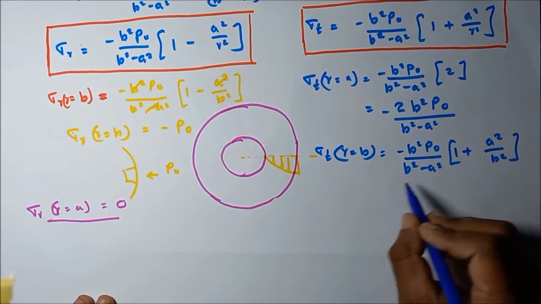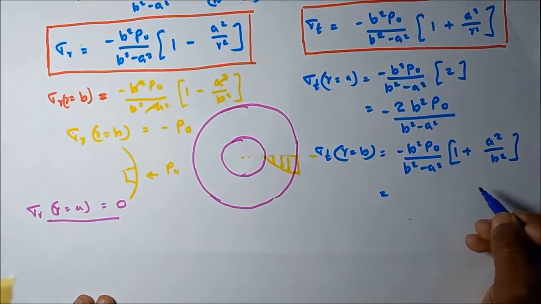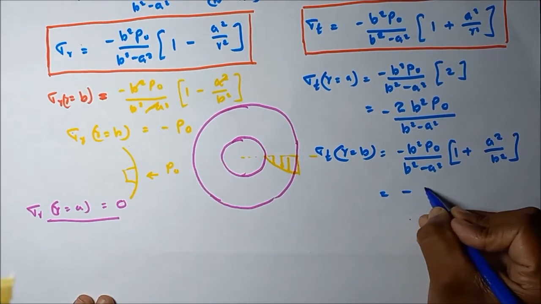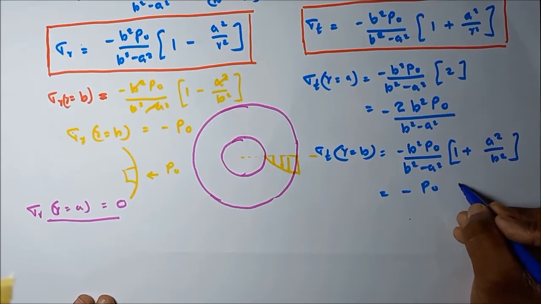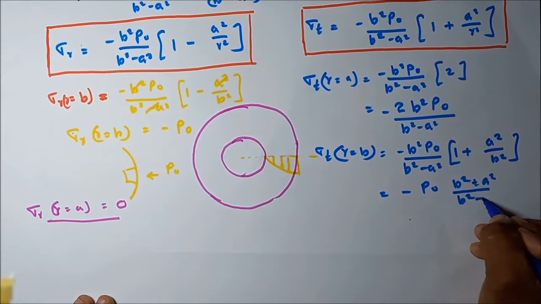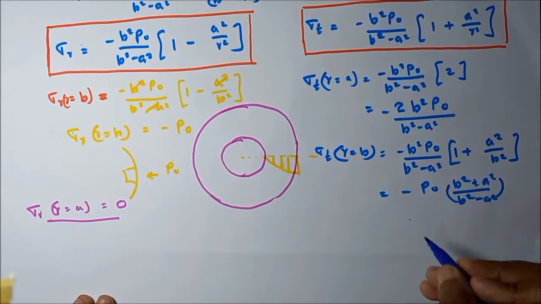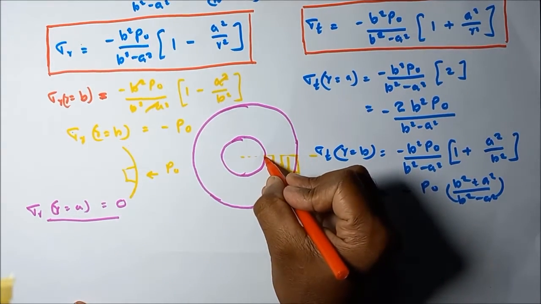This can be further simplified to minus p o times b square plus a square divided by b square minus a square. This negative value is also greater than the external pressure. So we can mark these two stresses like this.